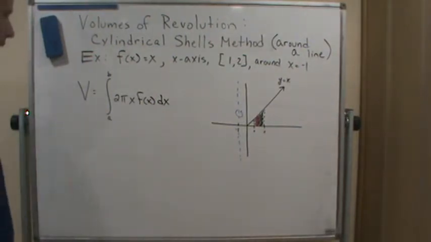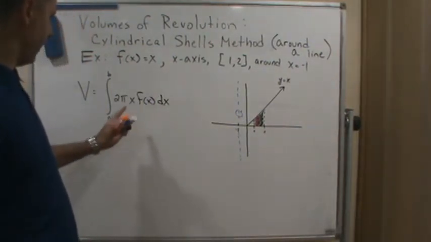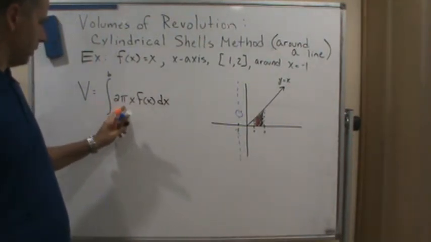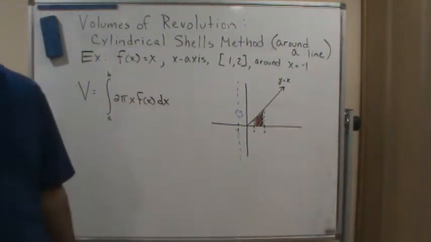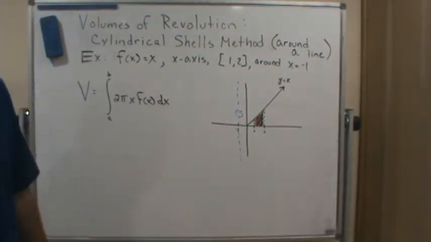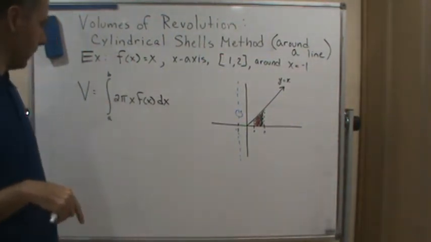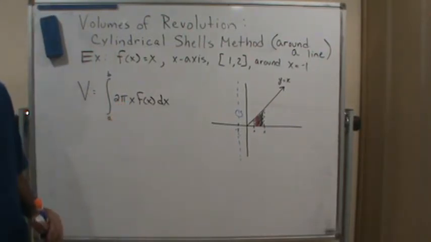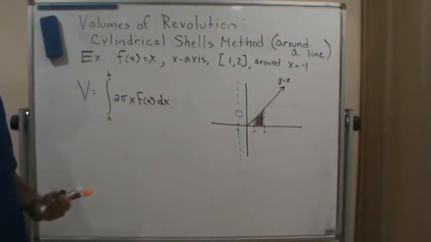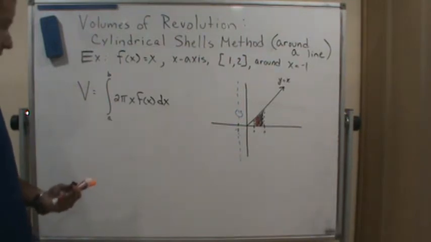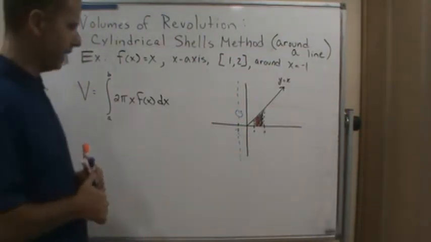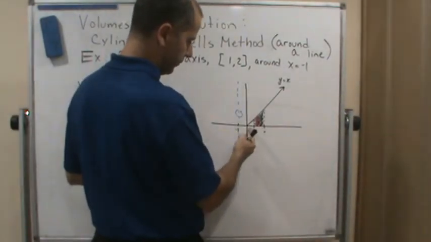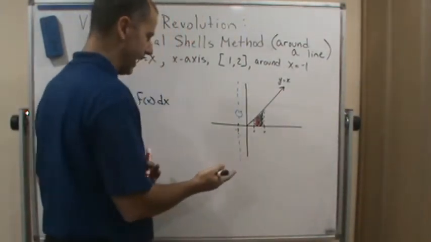Now, remember, this is the formula for the circumference, the distance around the cylinder, and x represents the radius. Normally if we're going around the y-axis, then the radius is just the distance from 0, which is just x.